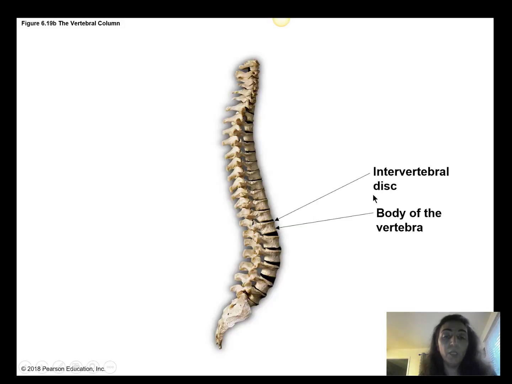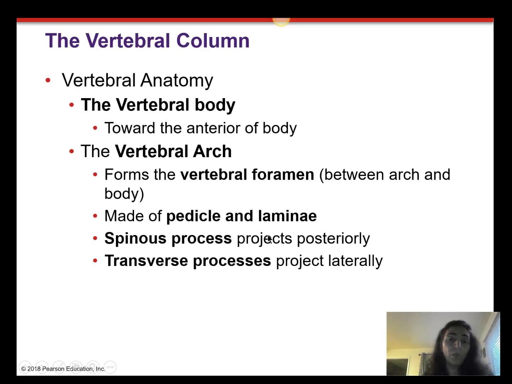Here you see the whole vertebral column, and you see the bodies of the vertebrae, and that between them you have intervertebral discs. So we said that the vertebral body is toward the anterior of the body, and it means the whole body.